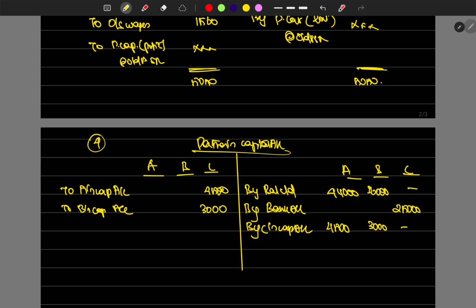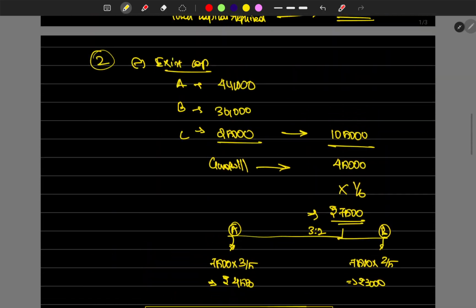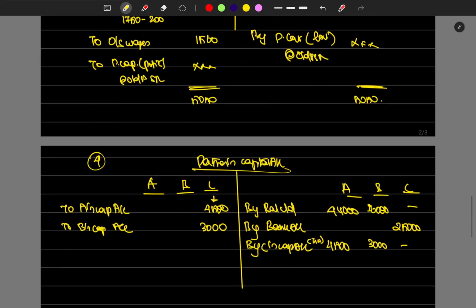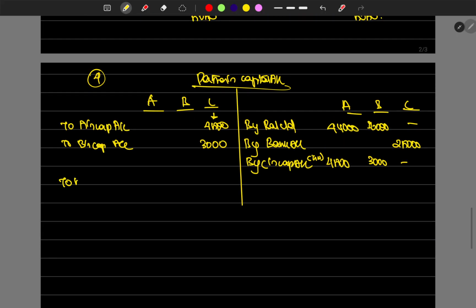So they have the goodwill share we have paid as reduce the balance of C. Okay, then what else? I think that's it. We have finished the question, so let's quickly close the balance also. Okay, to balance carried down.